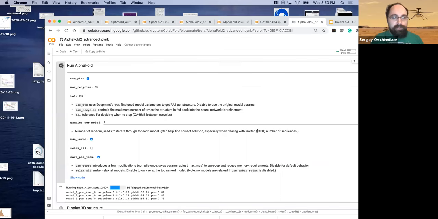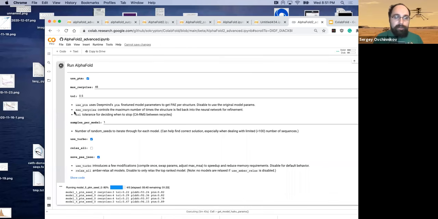When there's a very low amount of data, I'm beginning to suspect that recycling is a way to effectively sample, almost like Abrelax, if you're familiar with that terminology from Rosetta. You're running a trajectory and sampling. But if you have a really good MSA and really good covariation information that it's able to extract, it's able to get that structure almost instantaneously without having to sample.